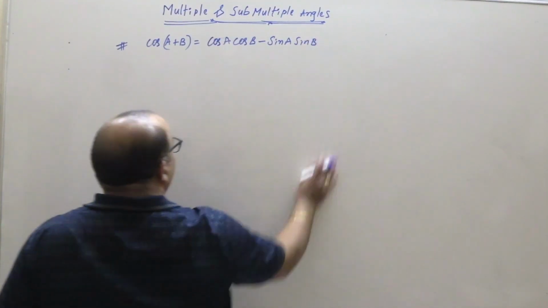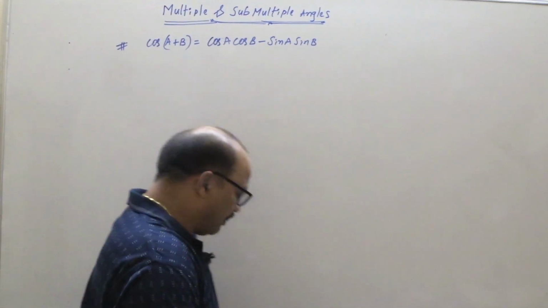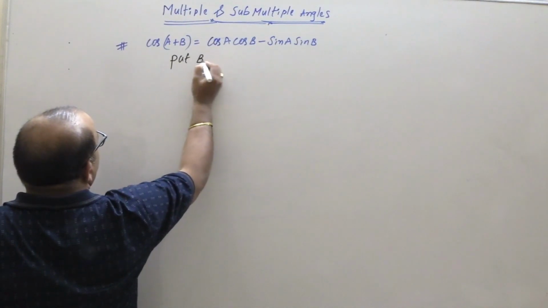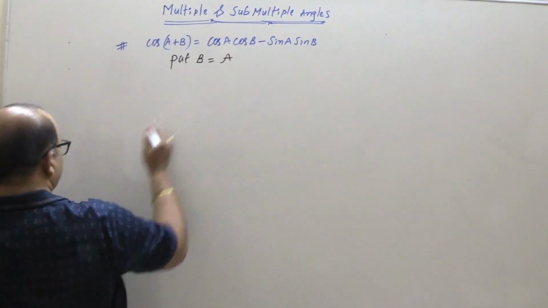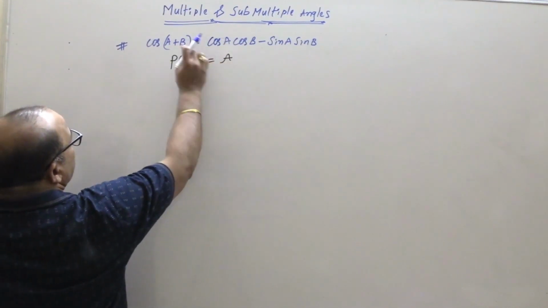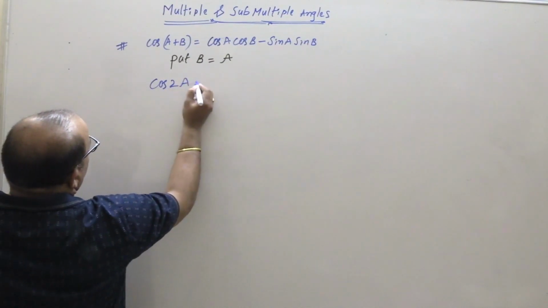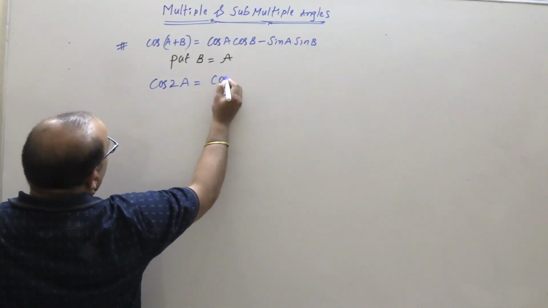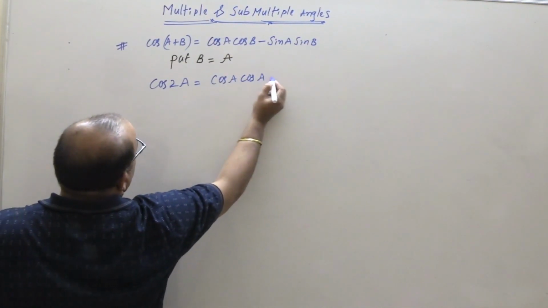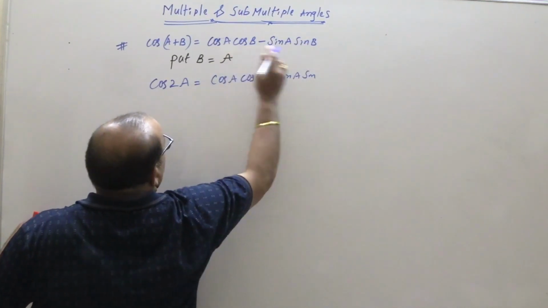Now I am asking, cos 2a formula. Put a in the place of b, students. A plus a, cos of 2a: cos a, in the place of b, a, again cos a; sin a, in the place of b, a.